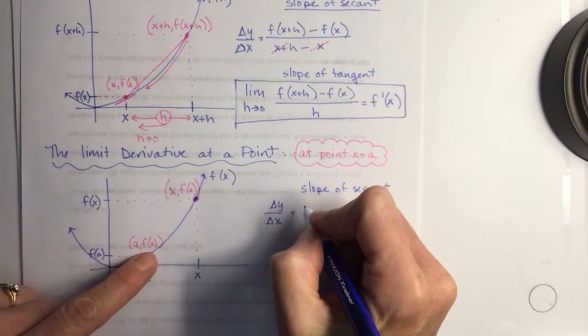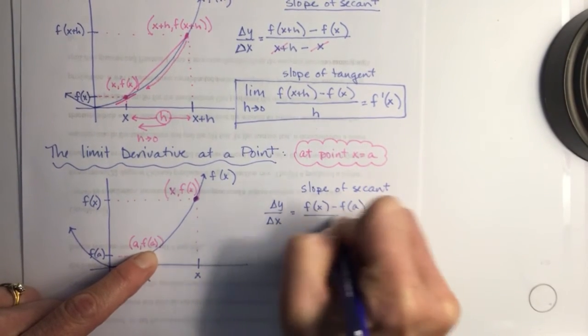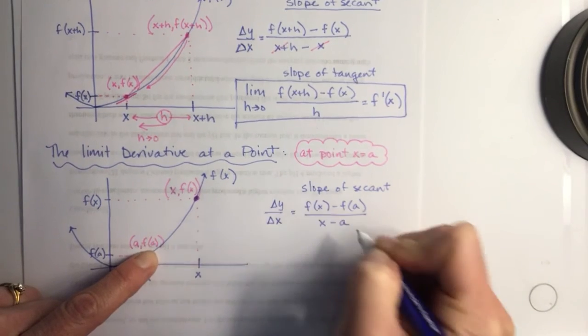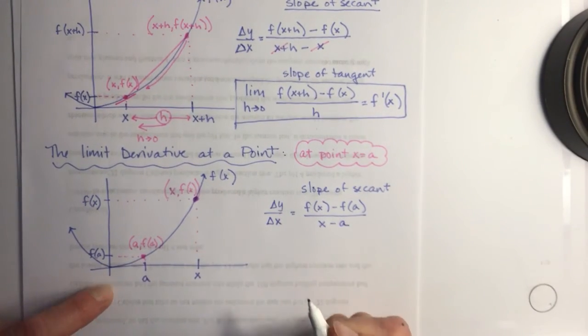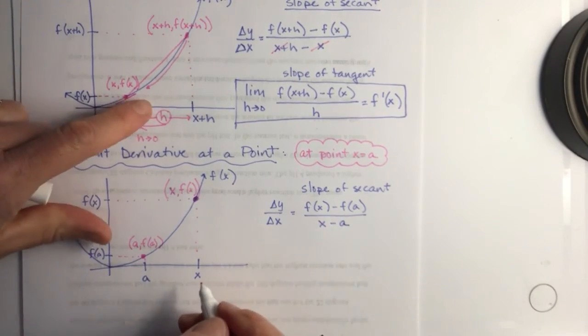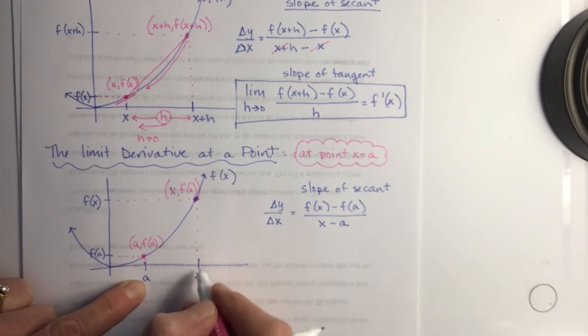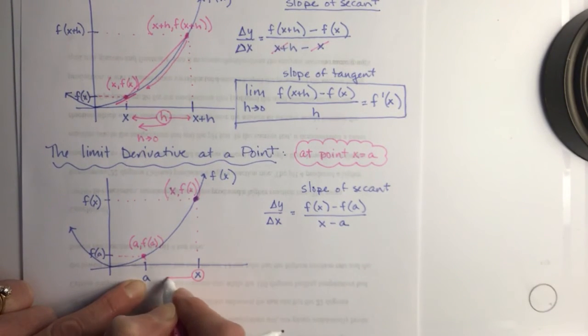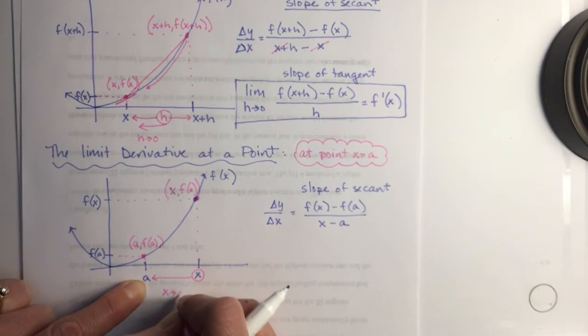So f of x minus f of a, all over x minus a. We just did that slope triangle. Now again, similar to up here, we want to close this gap. We want x to become as close to a as possible, so x approaches a.